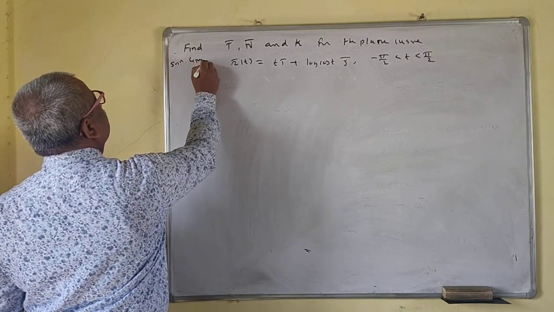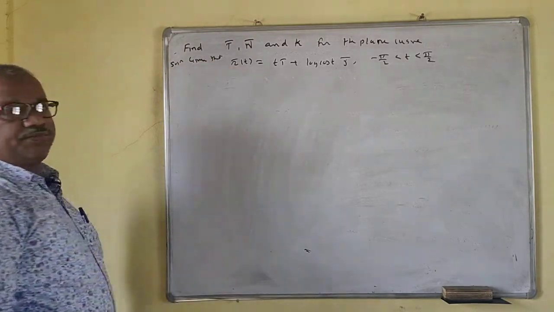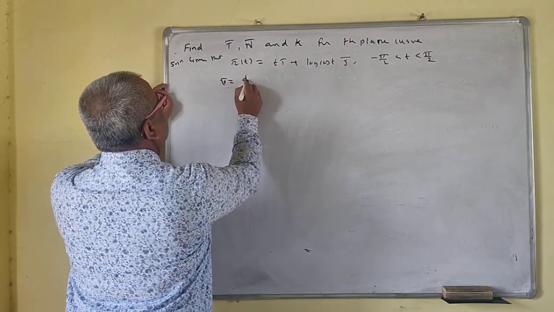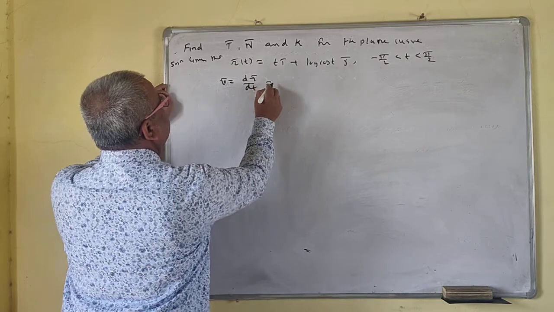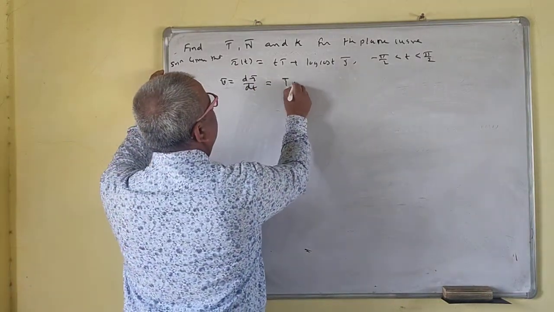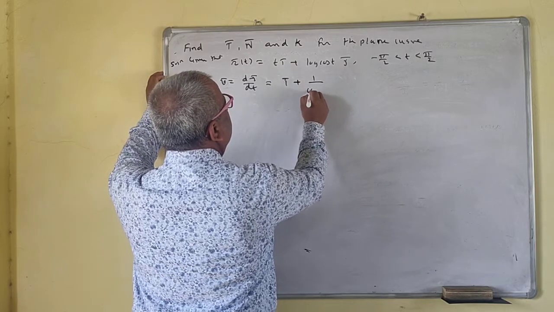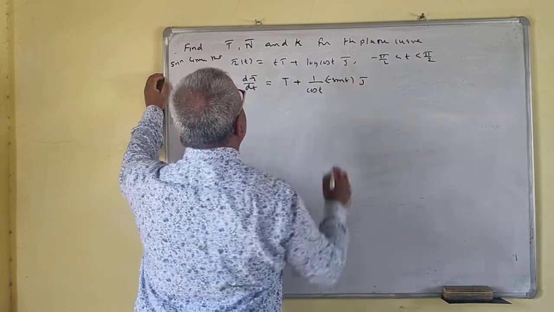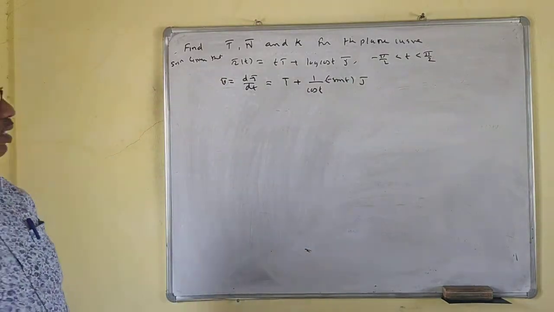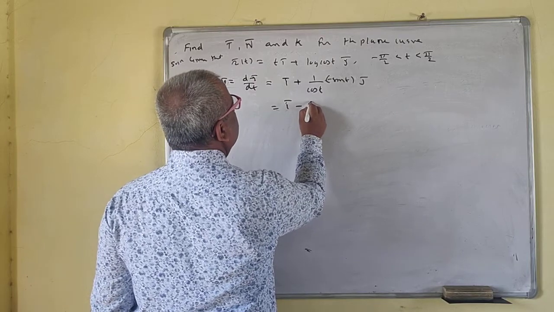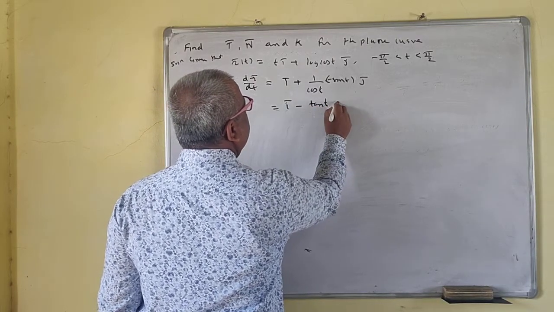Given that, V bar is equal to dr bar by dt. So this is i bar plus 1 upon cos t into minus sin t j bar, that is i bar minus tan t j bar.